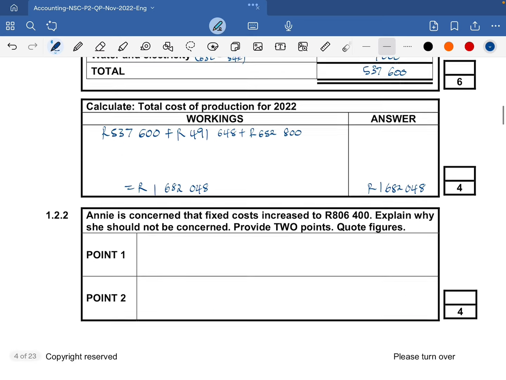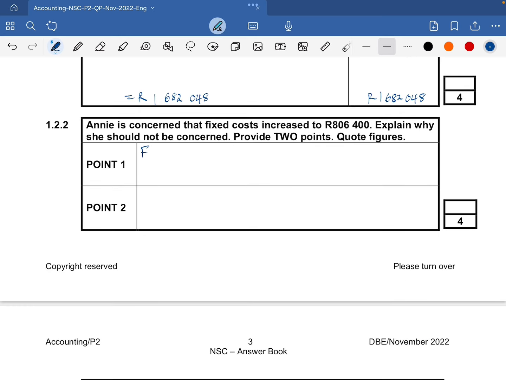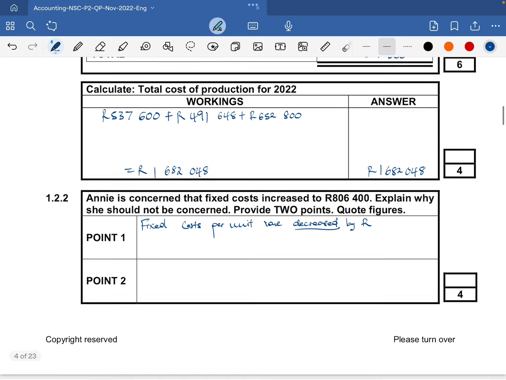Okay, so let's note this down. Fixed costs per unit have decreased, right? Started with the trend, that's the trend, they have decreased by, right? So now I'm mentioning the difference.